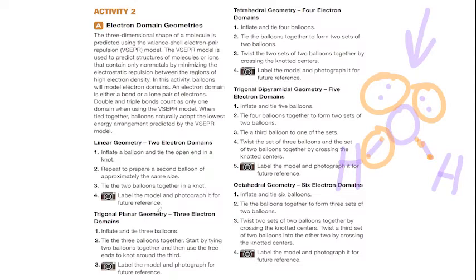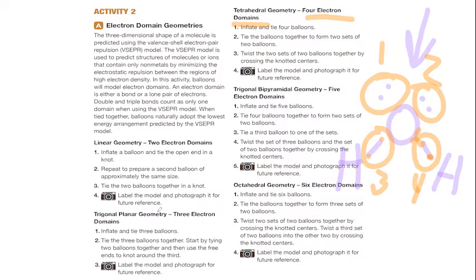So there's 1, 2, 3, 4. So there's 4 regions of electron density. And we can see from this that that means it has 4 electron domains. It has tetrahedral geometry. And what that means is you're going to be able to figure this out for yourself. It's actually, this works much better than I figured it would.